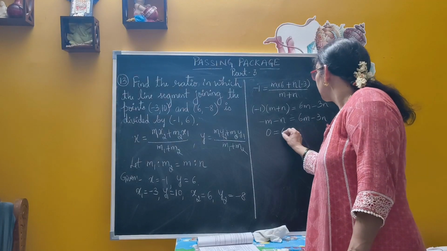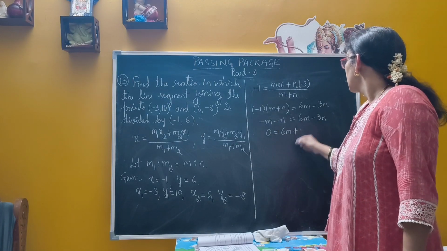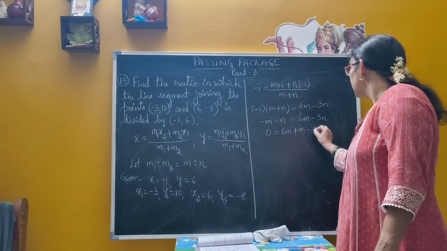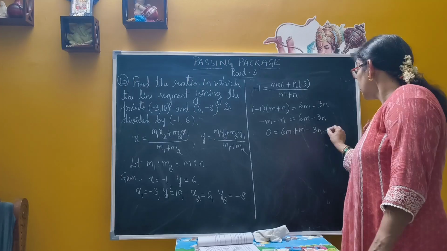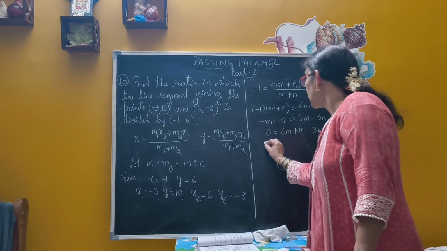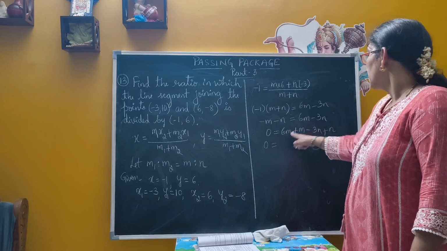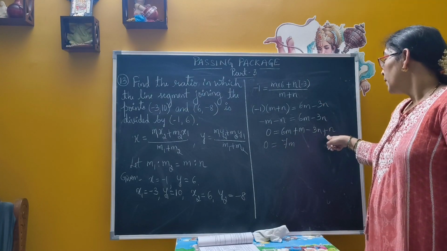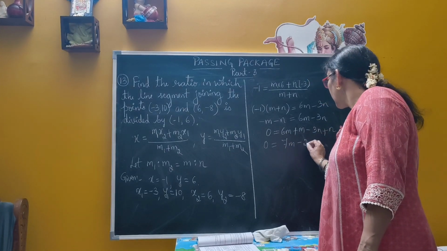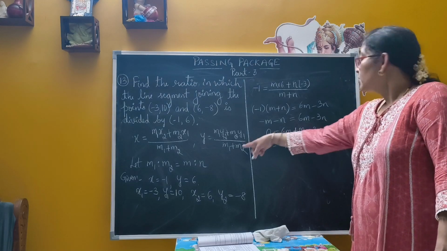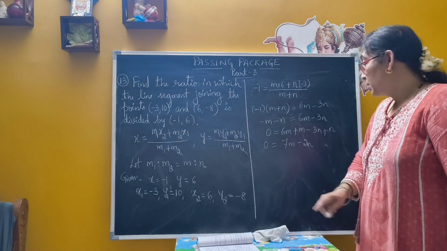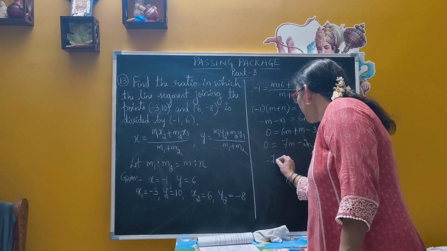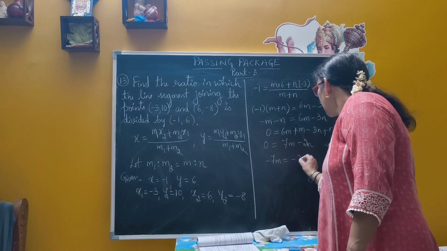So 6m plus m is 7m, and minus 3n plus n is minus 2n. So 0 is equal to 7m minus 2n. Now I take 7m to the left-hand side, so minus 7m is equal to minus 2n.